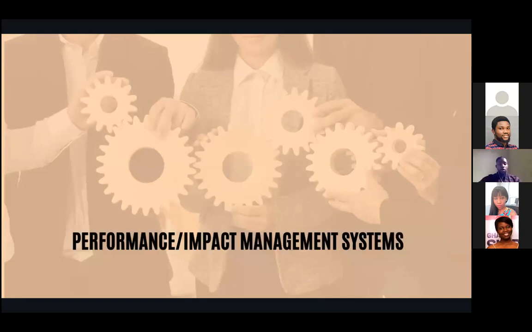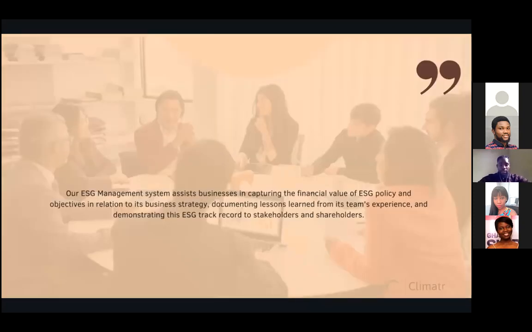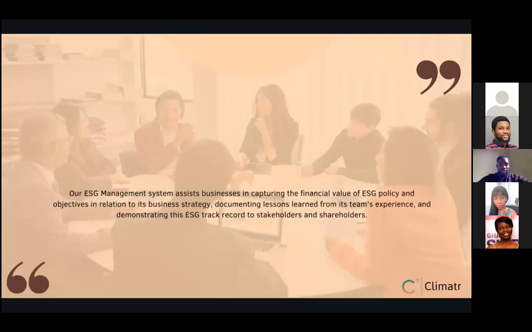Once we're done with that, we go on to designing what we call a performance or impact management system. This really helps to assist businesses in capturing the financial value of their ESG policy and objectives, but more importantly, how it relates to their business strategy, and at the end of the process helps them to document lessons and document how the process has been.